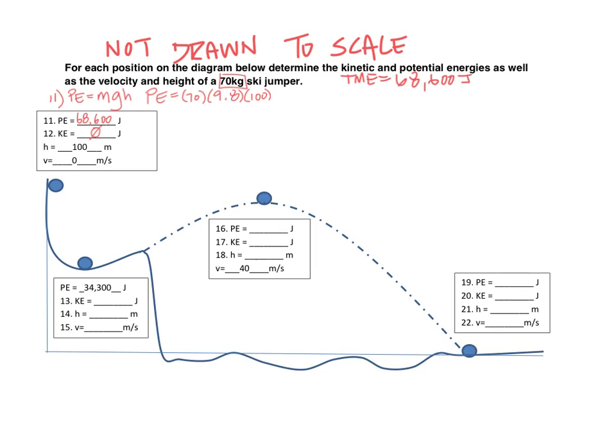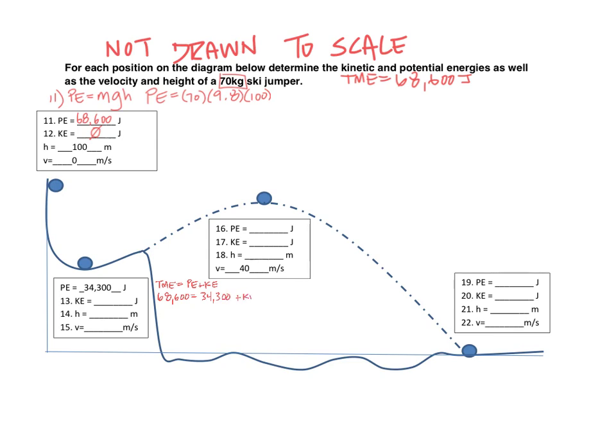Okay? So remember, total mechanical energy, TME, equals PE plus KE. If my total energy is 68,600, my potential energy is given to me, it's 34,300.